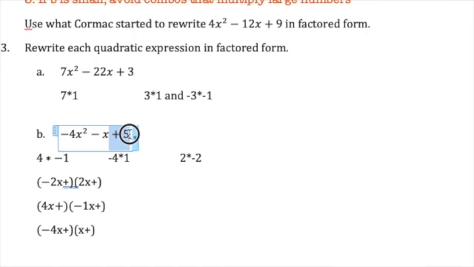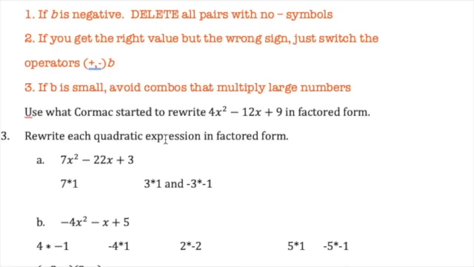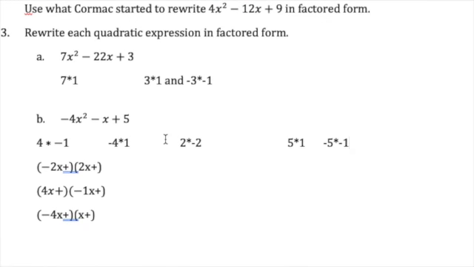And our factor pairs here are just 5 and 1, or negative 5 and negative 1. So, you should have a total of 6 different options to choose from.